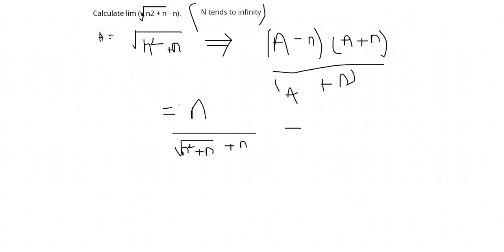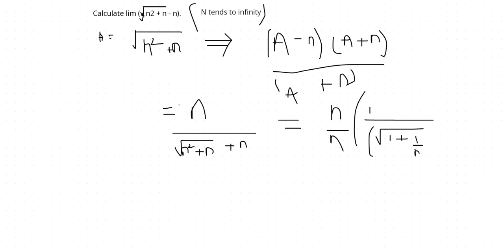If we take n common, we get 1 upon 1 plus 1 by n, plus 1.